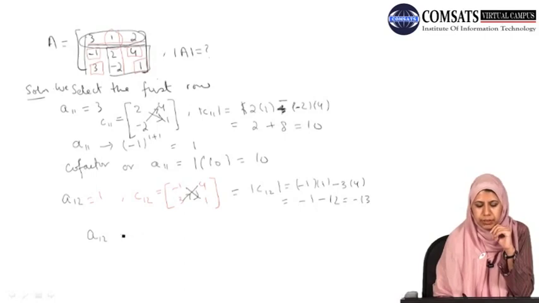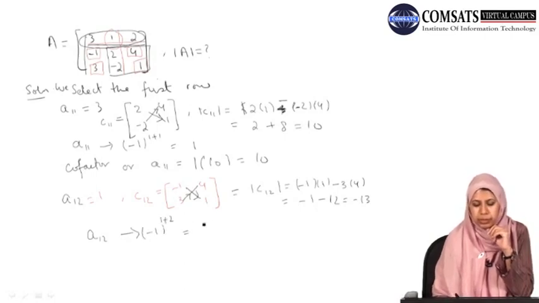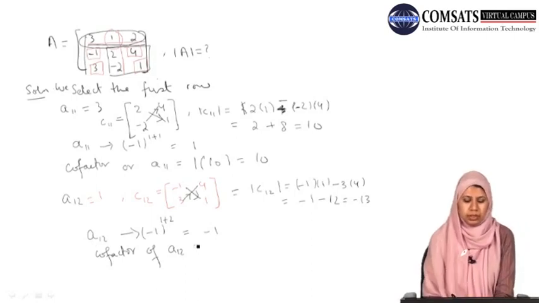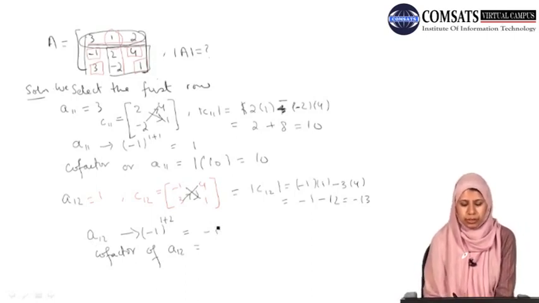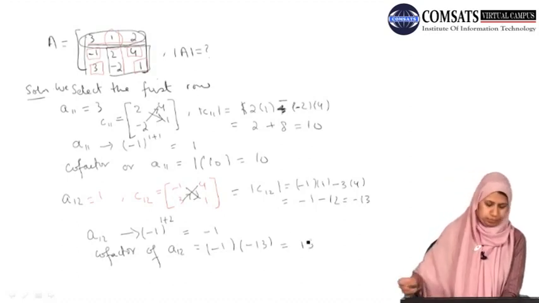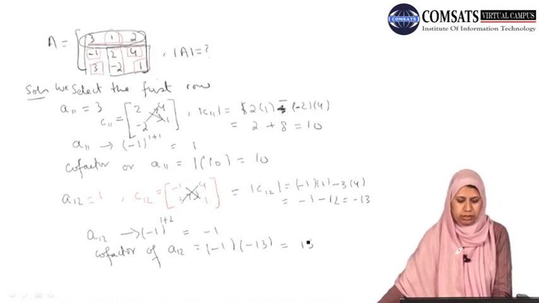The number associated will be -1 to the power 1 plus 2, and it will be -1. Now we can write the cofactor of our entry A12. The cofactor of our entry A12 is -1, the number associated, times the determinant of the submatrix, which is 13.